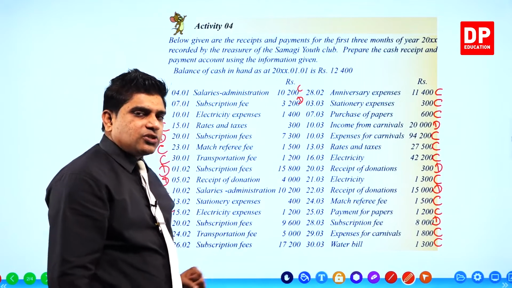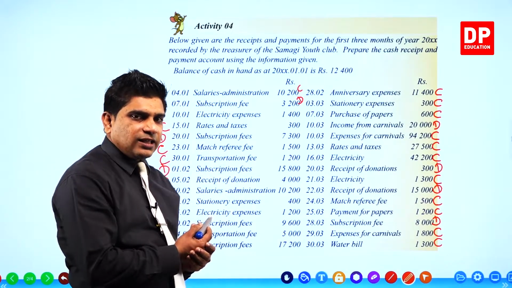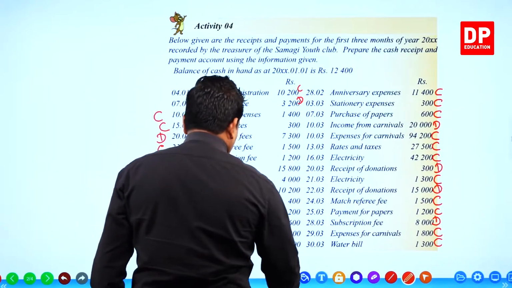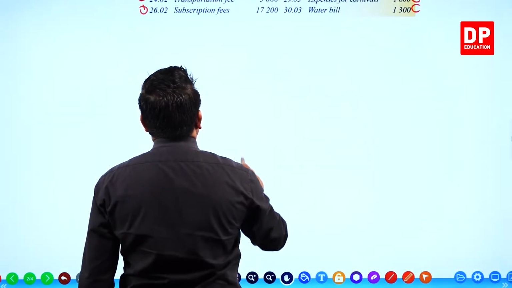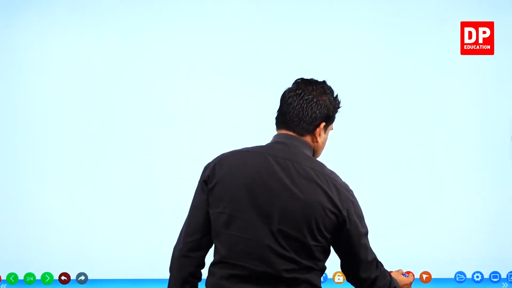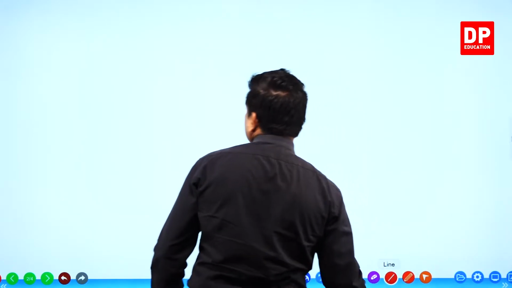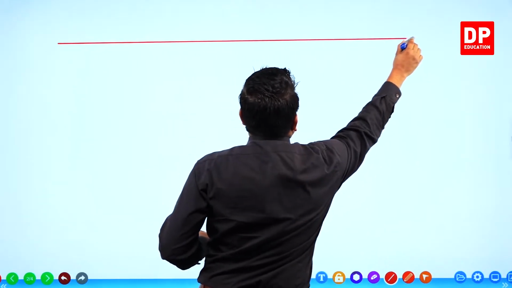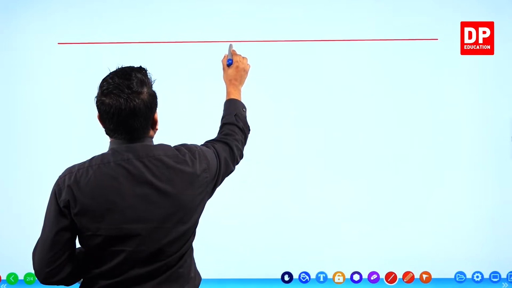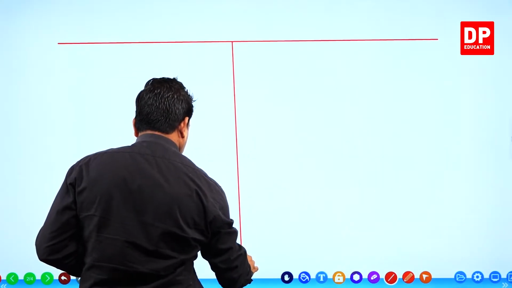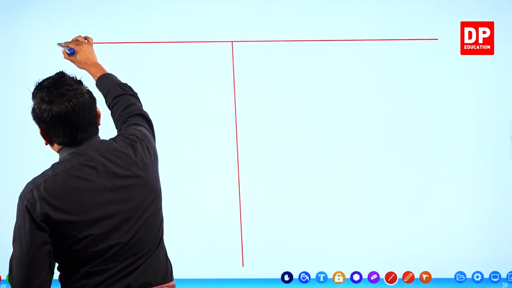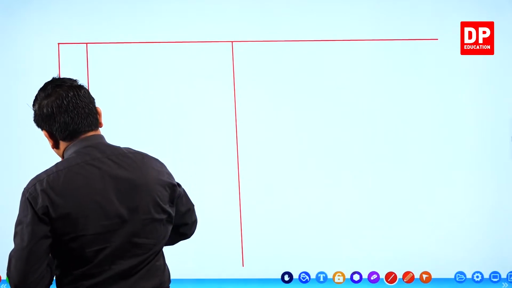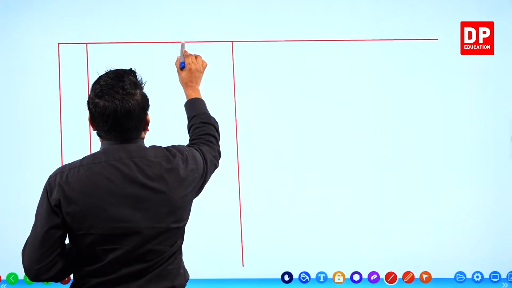Now you draw receipts and payment account and you have to enter these details there, right? Are you ready? Yeah. Now you draw receipts and payment account, right? Here date column, description column, value, right?